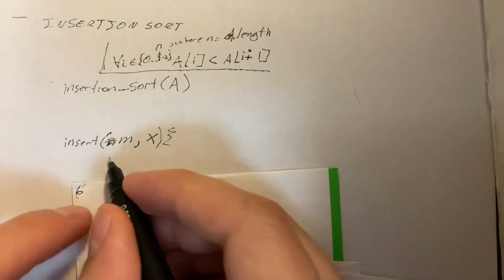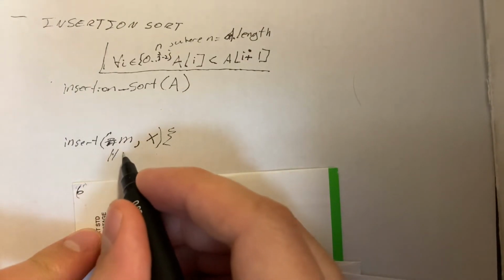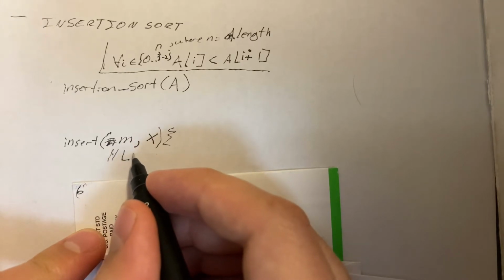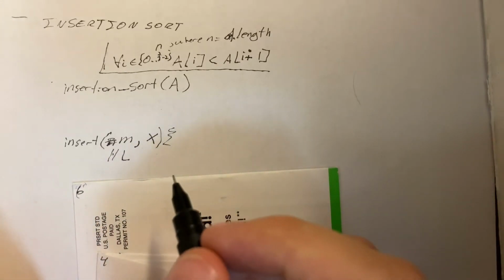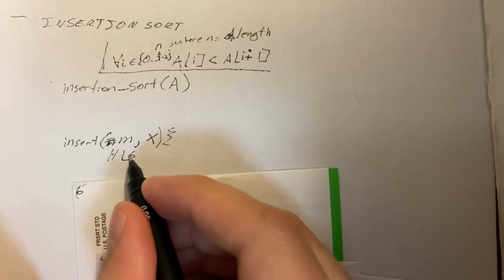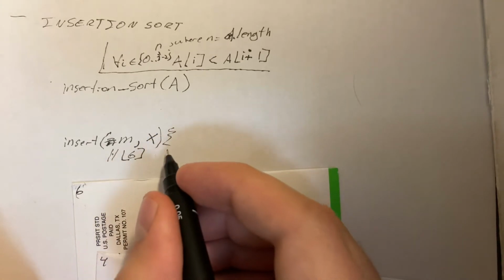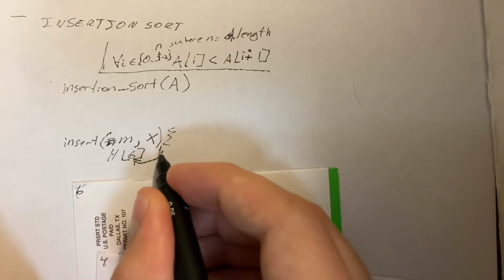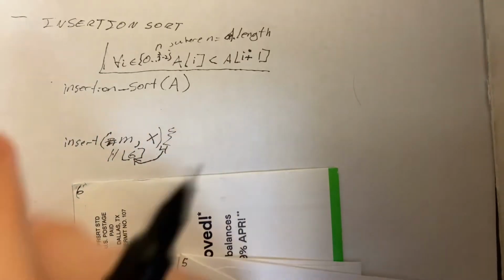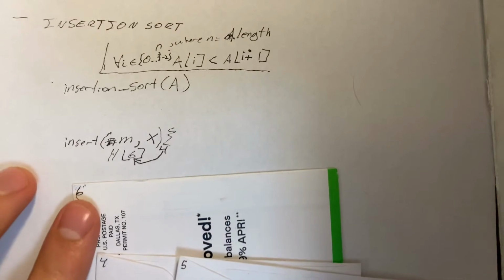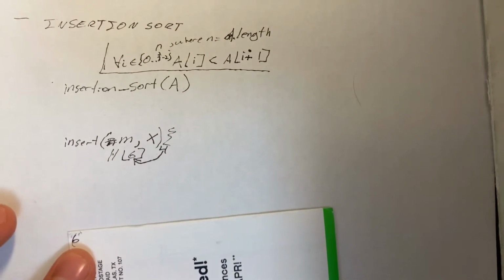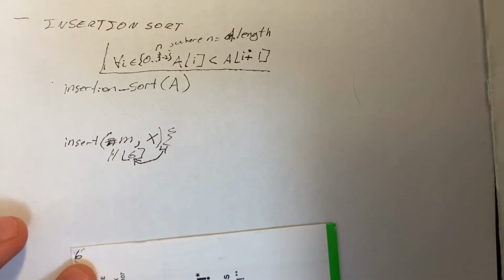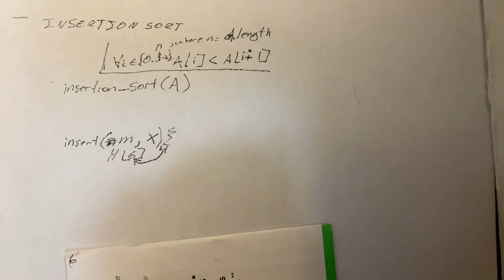Meaning we have some subarray. Right now it's just length 1 with one element, 6, and we are going to insert the element 4 into the correct position there. So let's define how this insert subfunction works.